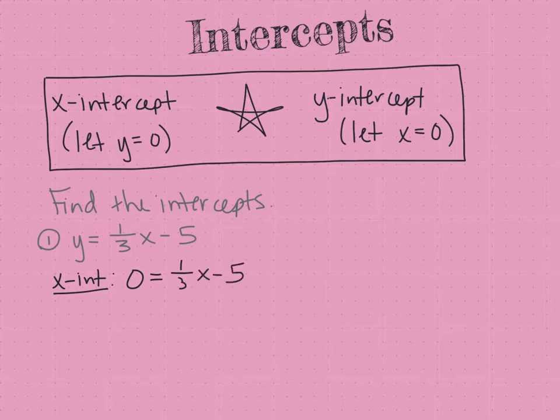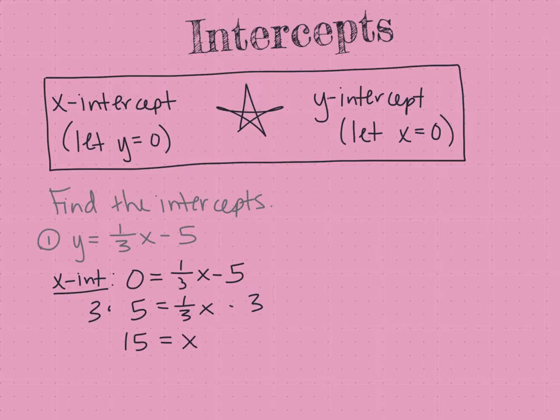And then in order to solve, we'll add 5 to both sides. And to get rid of the 1/3 out in front, we'll multiply by 3 on both sides. So we'll have 15. And then 1/3 times 3 is just 1. That's why we did it, to just be left with x. So our x-intercept is 15.